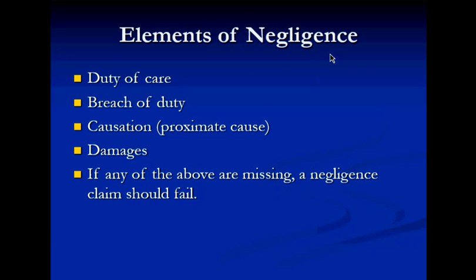For a lawsuit or a claim of negligence to be able to move forward, there are sometimes cases that move forward and all these elements are not met for some reason or the other. But for the most part, for a claim of negligence not to fail, all of these elements must be met.